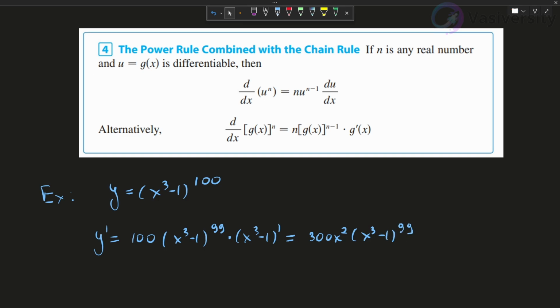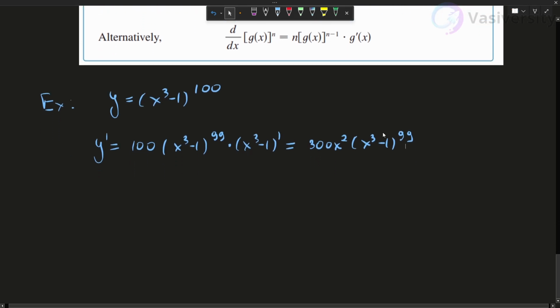All right, perfect. Of course, we can also do more complicated things, such that we can differentiate by using the quotient rule or the product rule. Let's go through one more example.